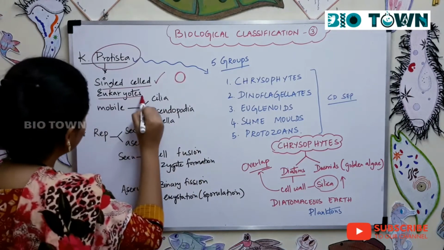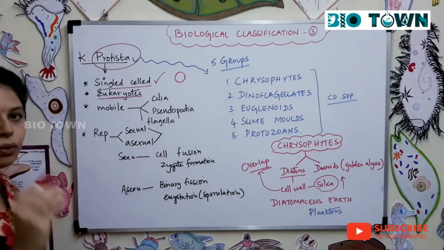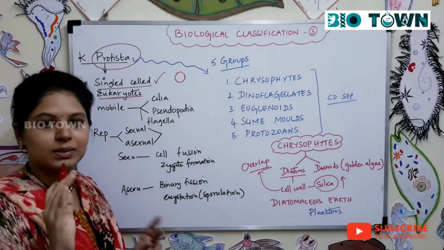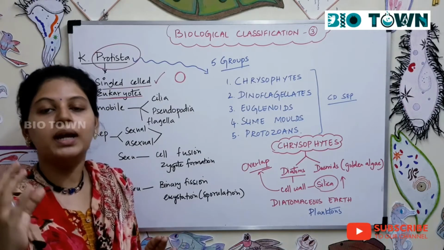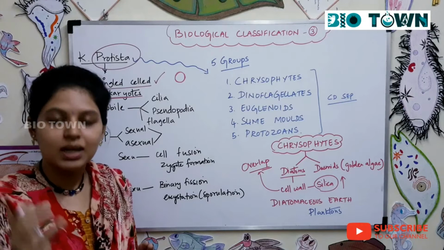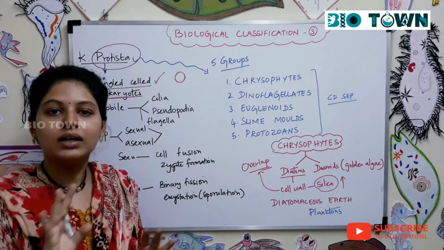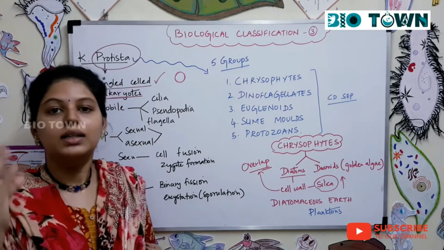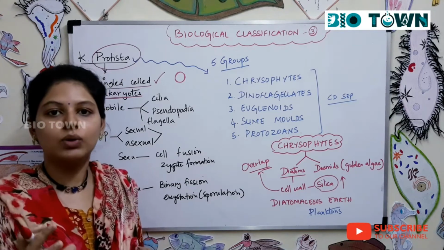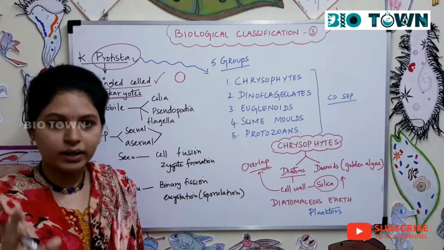Next, they are all eukaryotes. First, the major difference between a prokaryotic and a eukaryotic organism is that prokaryotes do not have a membrane-bound nucleus, nor clearly present membrane-bound organelles. But eukaryotes have a well-defined membrane-bound nucleus and membrane-bound organelles.